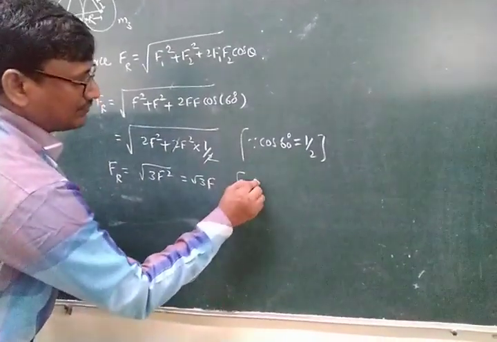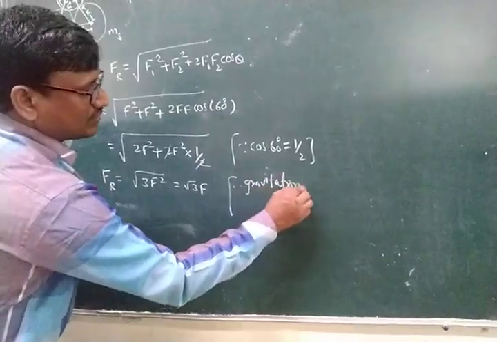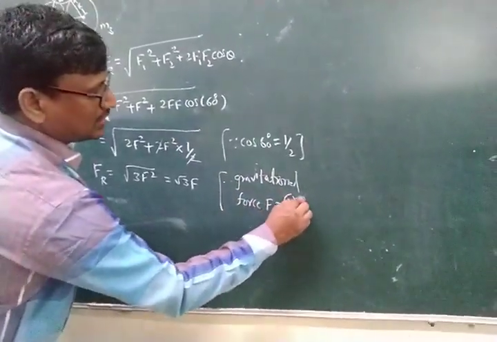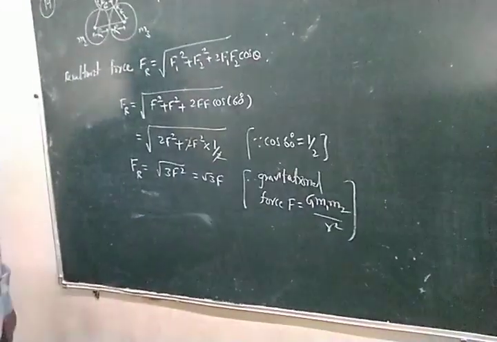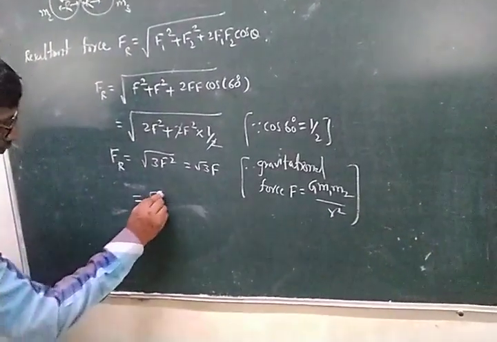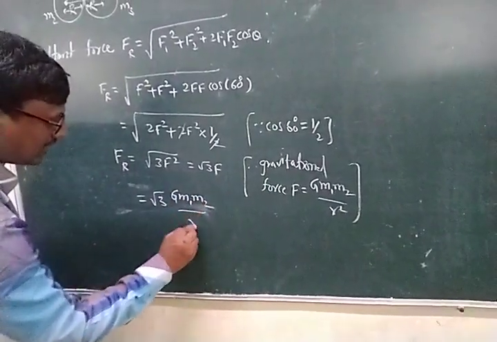We know that the gravitational force F is equal to G m1 m2 by r square. So Fr is equal to root 3 into G m1 m2 by r square.